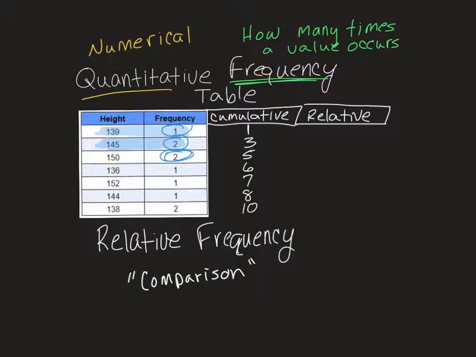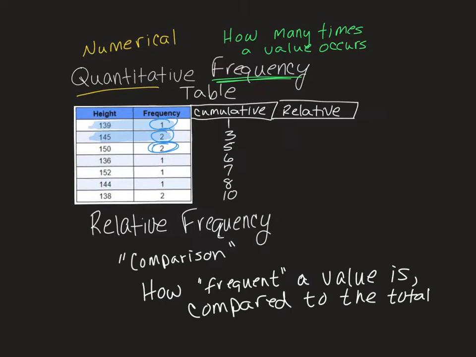And in the case of relative frequency, what you are comparing, you can kind of think of it as how frequent a value is compared to the total. So in this case, if we go back up to our table, I'm going to erase all of this.